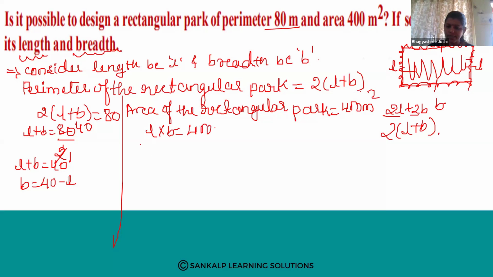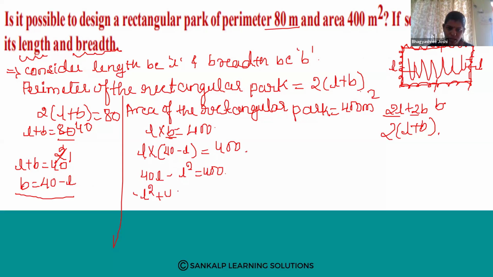So length L into B value. What is the value of B here? 40 minus L. L into (40 minus L) is equal to 400. Yes, L into 40 is 40L, minus L into L is L square, is equal to 400. Right. Now, minus L square plus 40L.